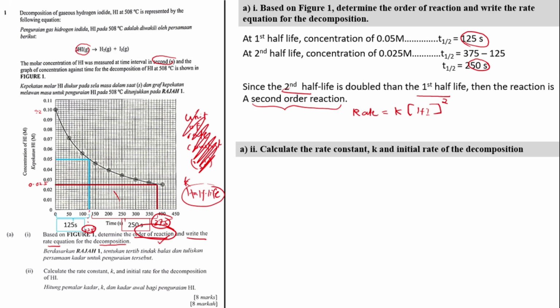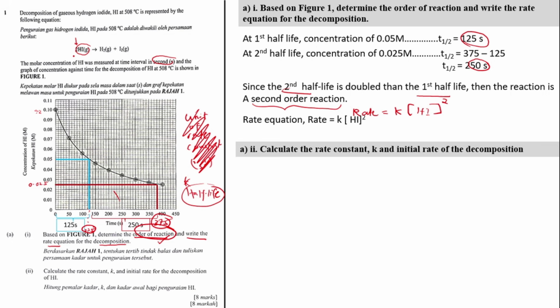It is not necessarily equal to the stoichiometry. It depends on the order of the reaction that we have determined. Okay, yang ini kebetulan lah 2 dengan 2, tapi sebenarnya tidak semestinya. Alright, so the rate equation: rate is equal to k, the concentration of the reactant, which is HI, to the power of 2.